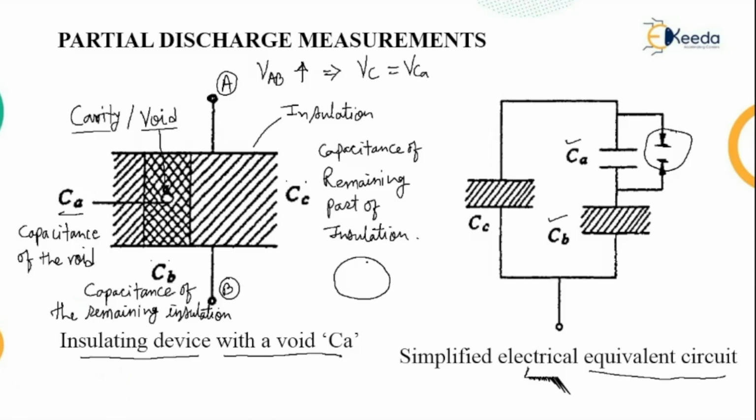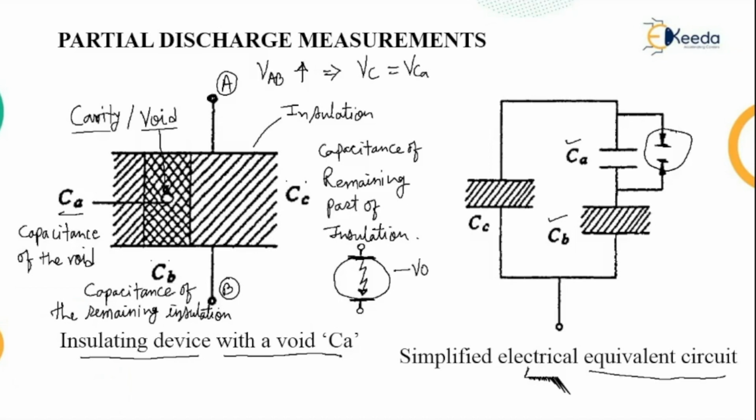Consider this void, and due to the application of voltage across the complete specimen or complete insulating medium, a discharge due to the breakdown takes place. And that breakdown bridges the gap between the 2 points or between the surfaces of the void.